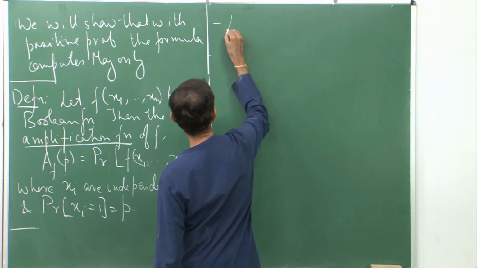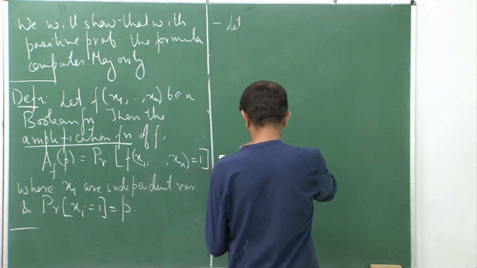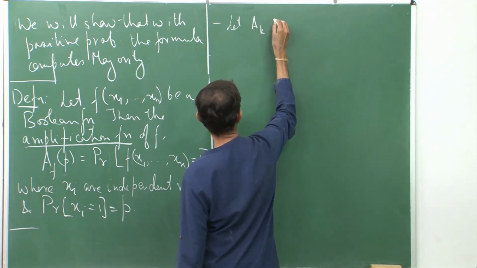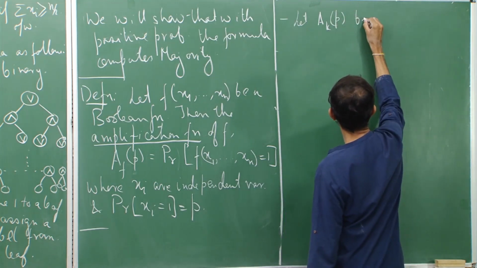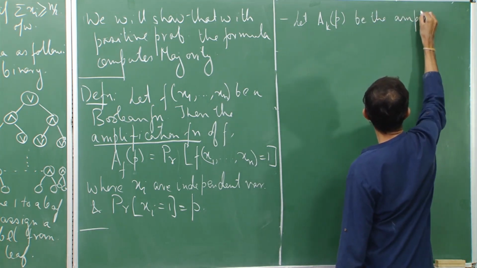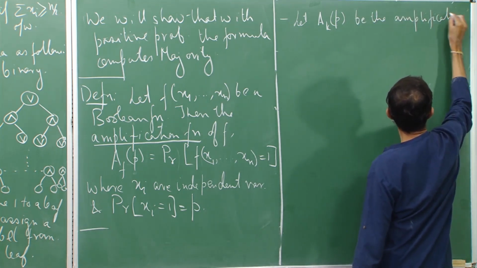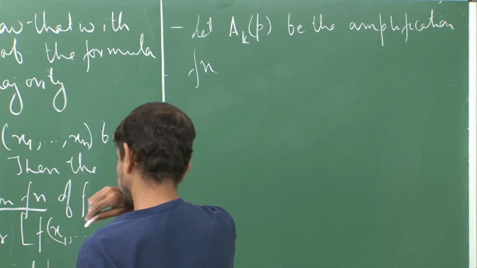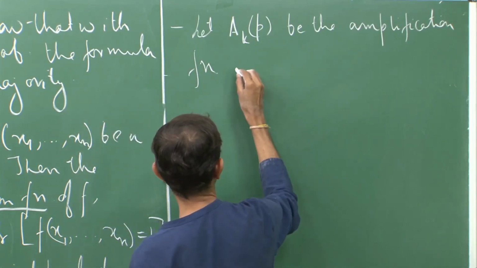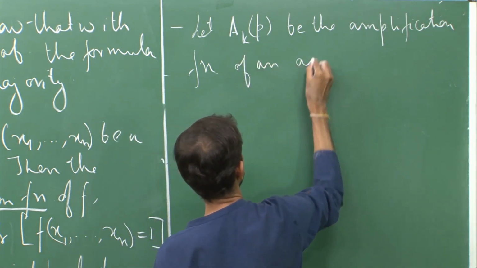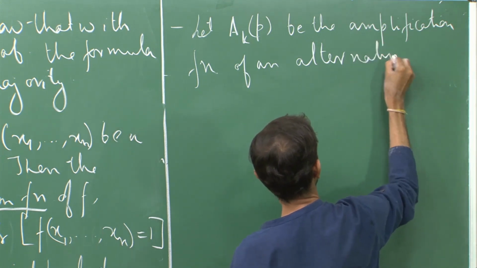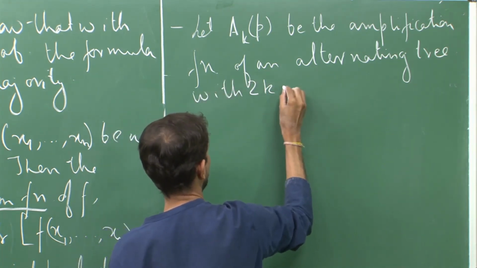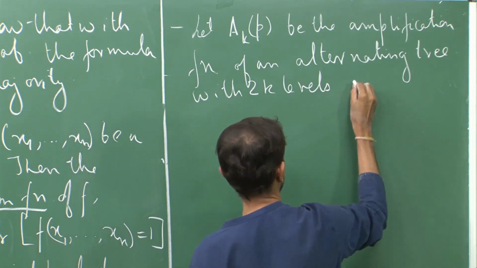Let A_k(p) be the amplification function of an alternating tree with 2k levels, as shown.